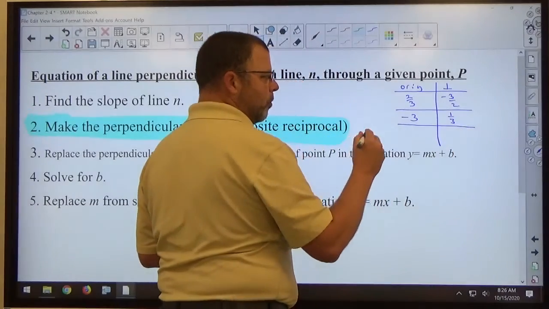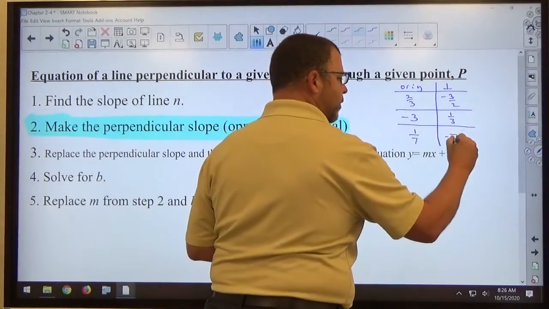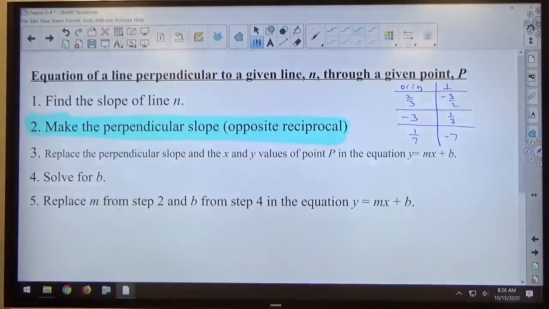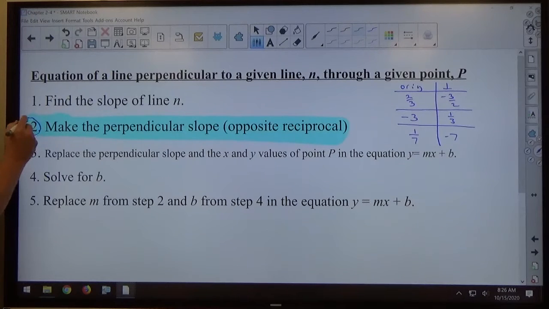If the original slope is 1/7, the perpendicular slope will be -7 over 1, or just -7. All right. Whatever fractional structure the original slope is, flip it over and then change the sign to its opposite. That's how you make a perpendicular slope. So that's all step 2 is going to be. Once we find that, we take whatever the fraction or non-fraction look is, reciprocate, and change the sign.